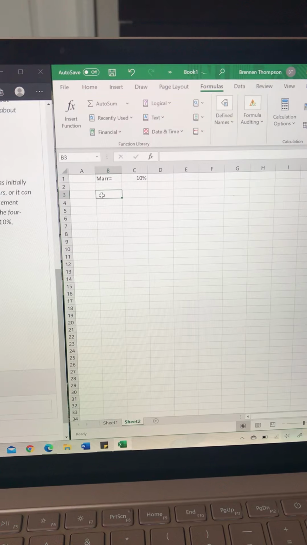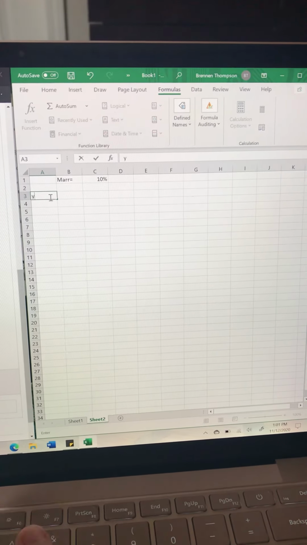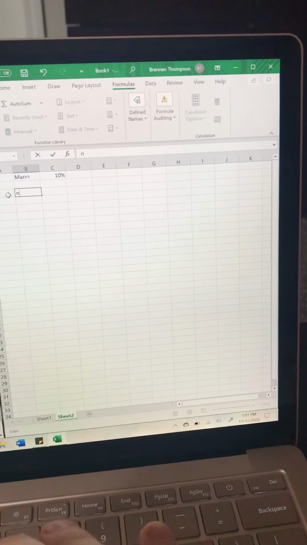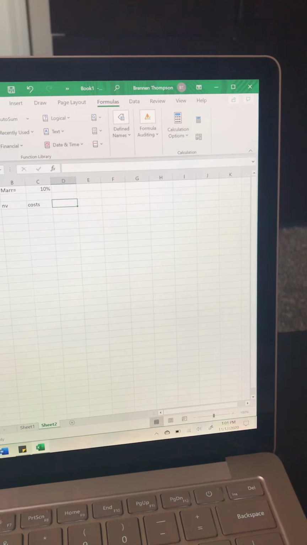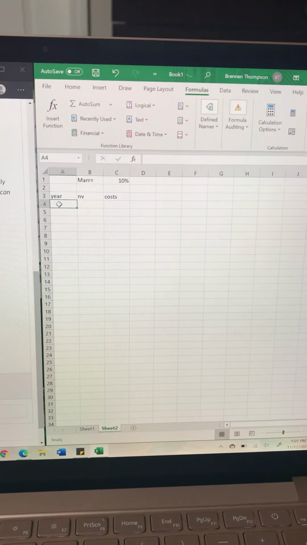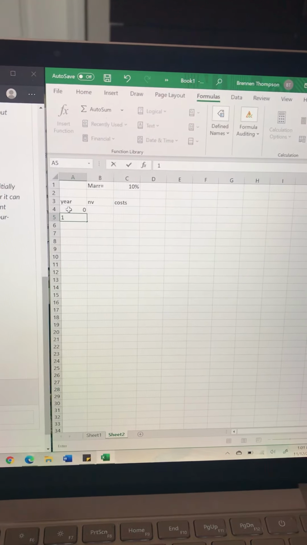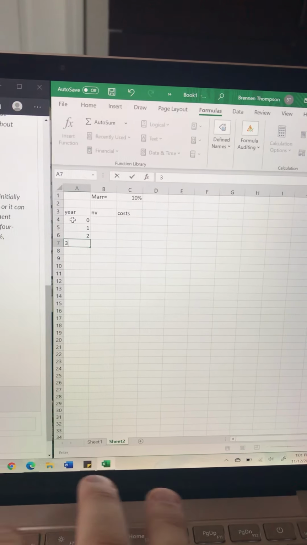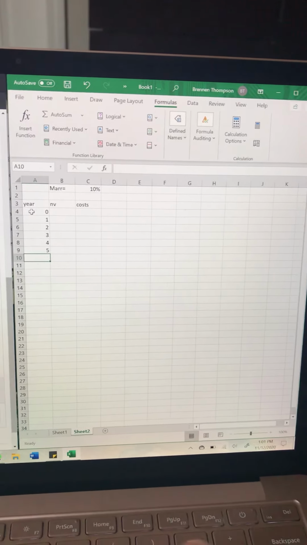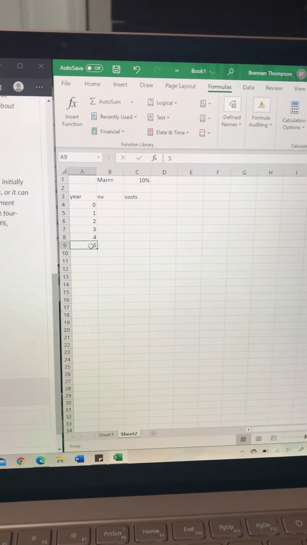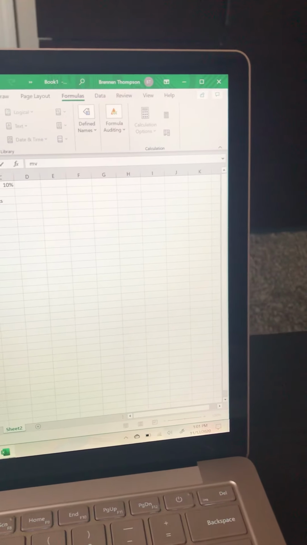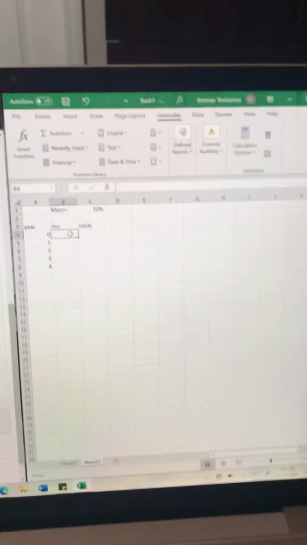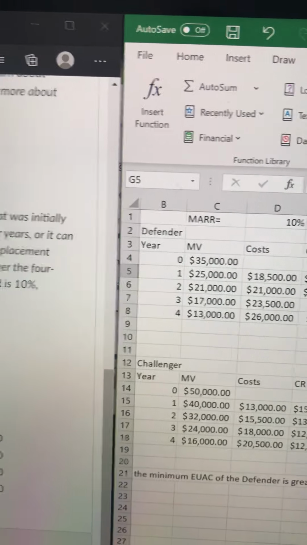I'm gonna go ahead and transfer this table over. So I've already actually made this table.